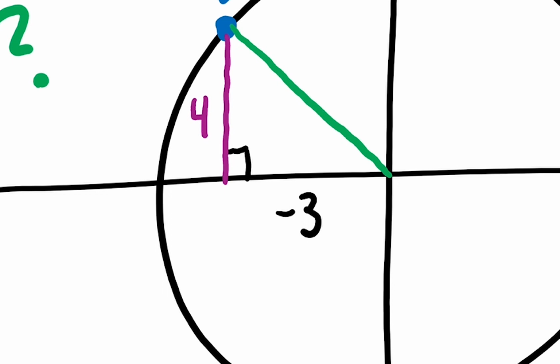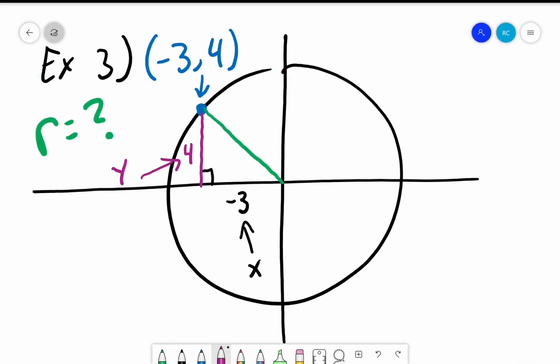Because again, the x value is left and right, and the y value is up and down. So if we know where that point is, we know the two legs of this right triangle.